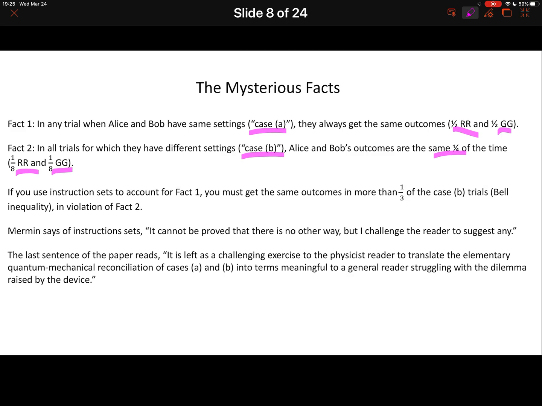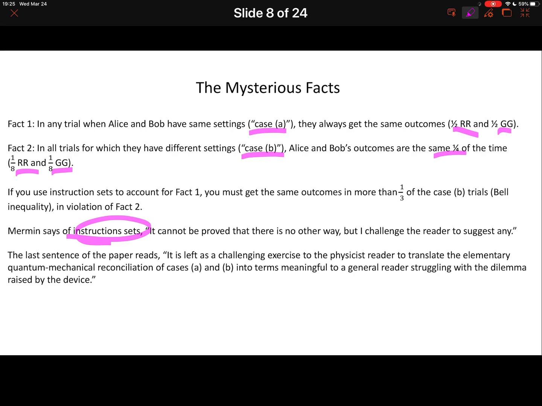Well, Mermin says to account for fact 1, given that the particles don't know how they're going to be measured and they can't communicate in superluminal fashion between the space-like related measurement events, then they must have some sort of instruction sets to guarantee how they will come out in 1, 2, and 3, and they'll match up.